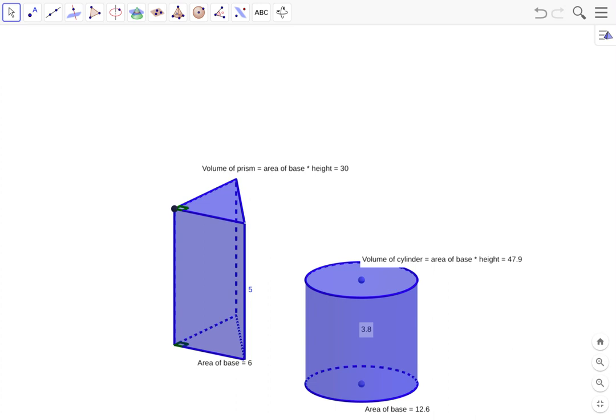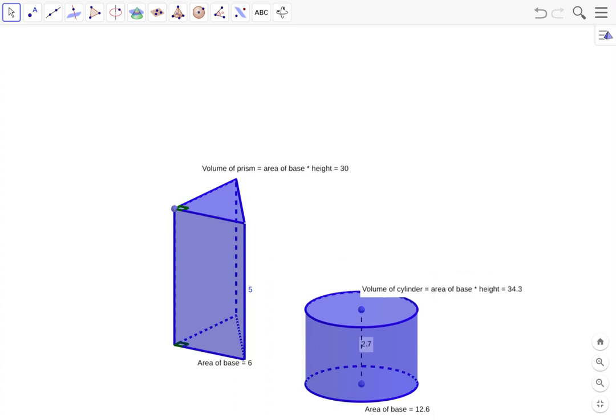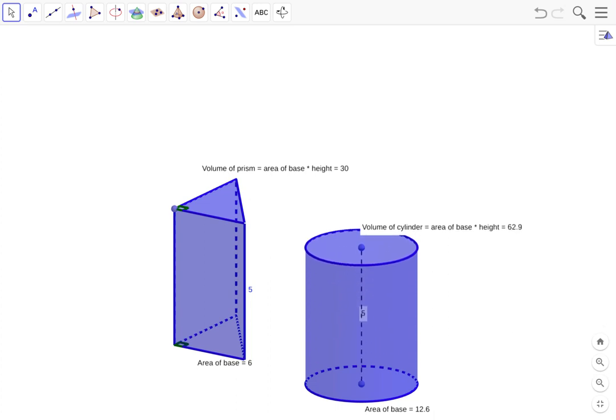Now this cylinder, it has a radius of 3, and that gives us an area, pi r squared, of 12.6. And then I just follow that height. Let's go to 5 on that one too. So it's around 63 cubic units, whatever units we're measuring in.